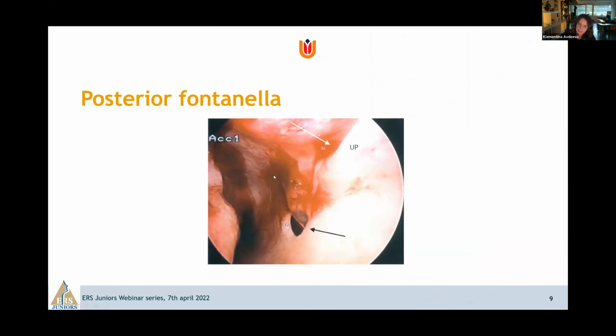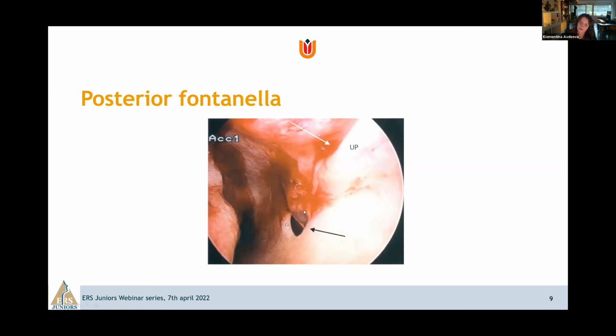What's important to realize is posterior inferiorly to the uncinate process, that's posterior fontanella of the maxillary sinus. This is a wall that's formed only by intranasal mucosa and a layer of mucosa in the maxillary sinus. And sometimes there is a hole in there.